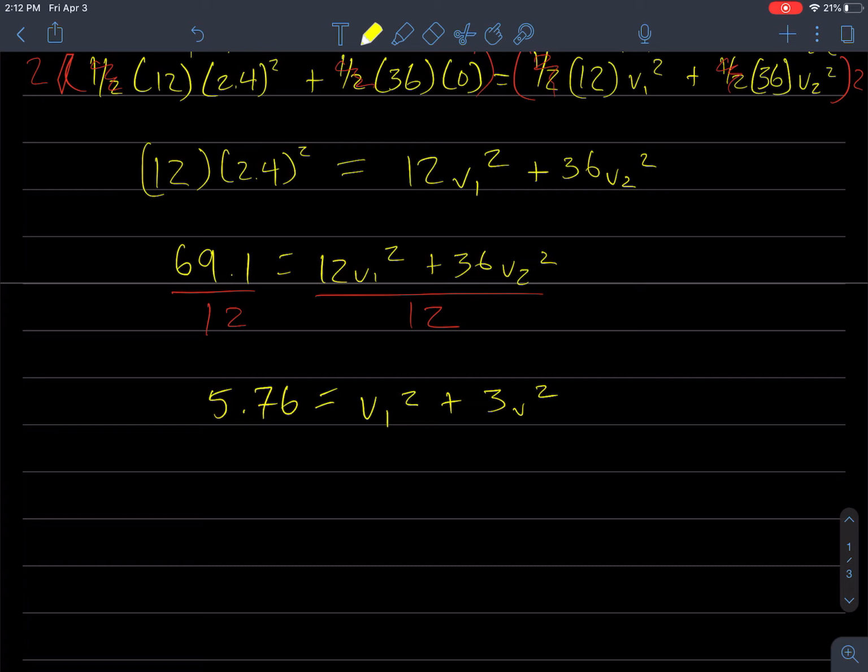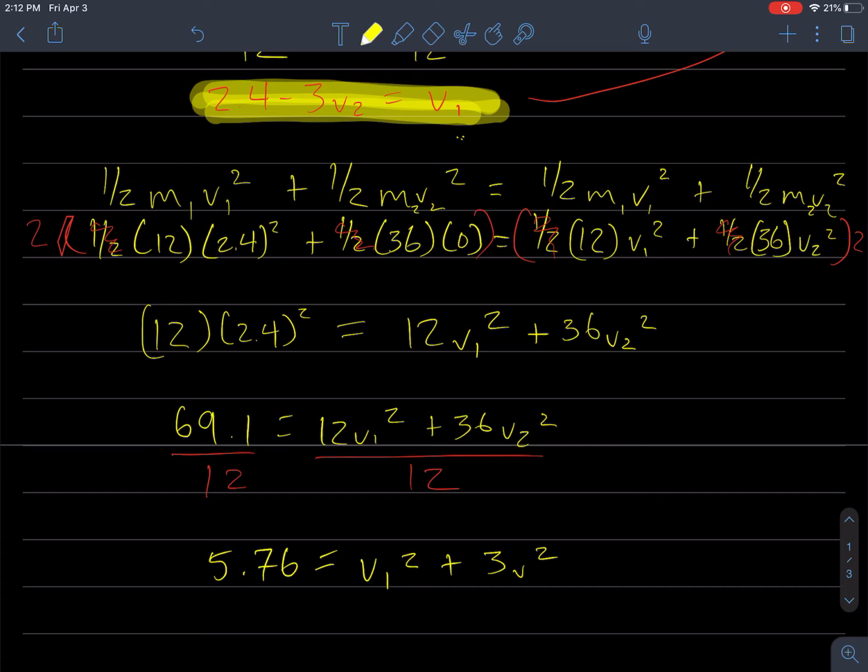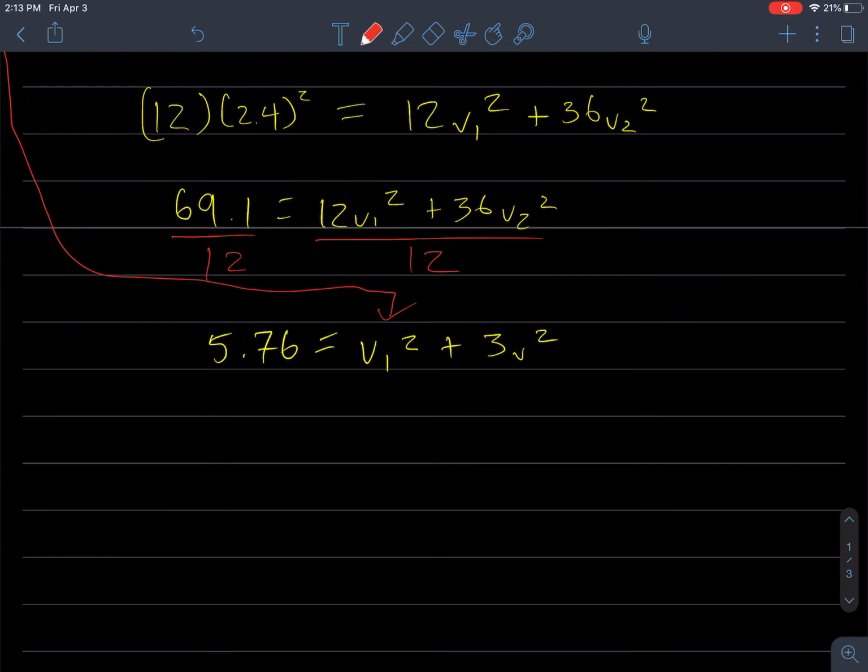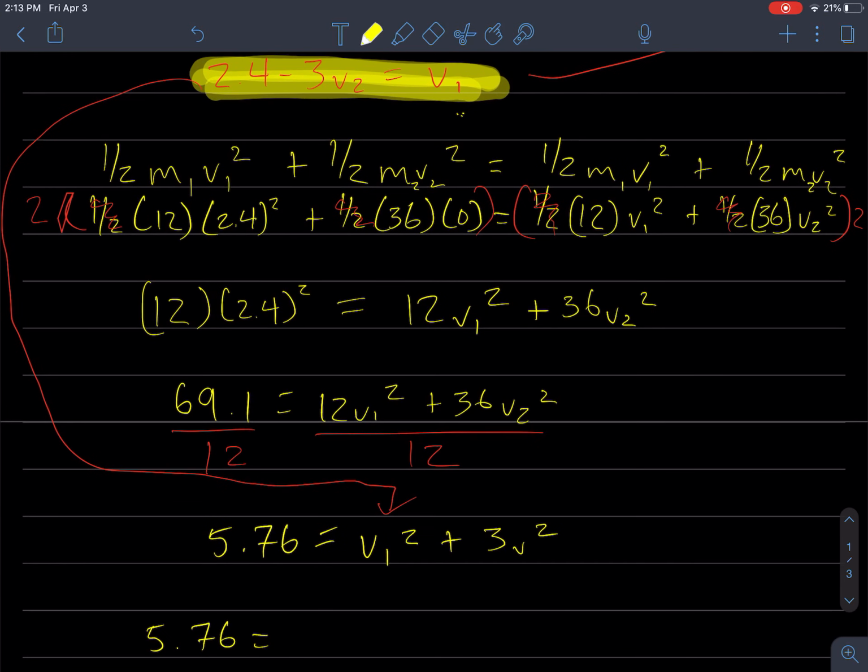All right, now at this point, we can take this formula that we found way back up here, and we can plug it into our value for velocity 1 right here. So what this ends up looking like, it looks like 5.76 equals 2.4 minus 3v2, squared, plus 3v2 squared.